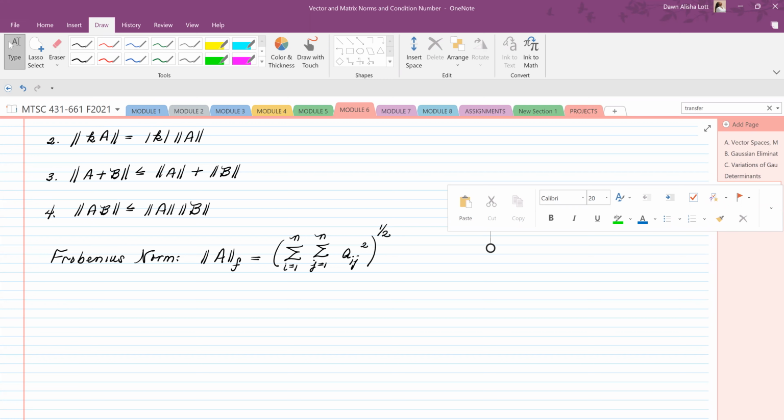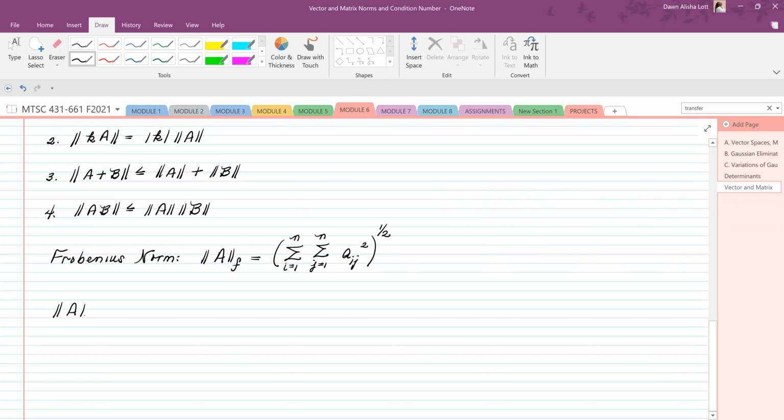Then what we have called the one norm. And this is the max of the column sum. So this is the max of 1 less than or equal to j less than or equal to n of the sum i equal 1 to n of the absolute value of aij.